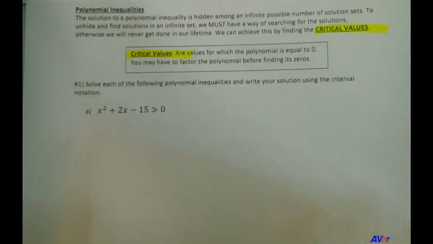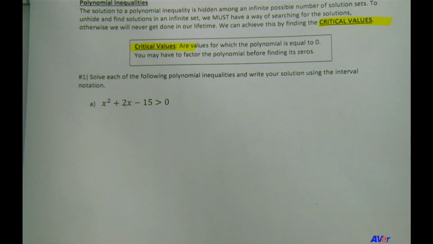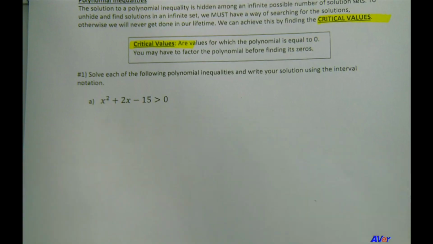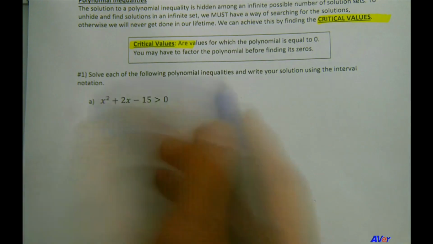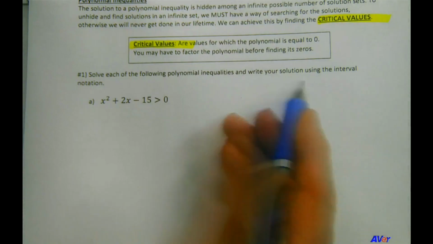Okay, so this one is a polynomial. This is not a rational inequality. We'll get to those later. With respect to polynomials, we've learned that we need to factor them. This is an easy polynomial to factor. We can quickly factor this in our head, because these numbers are pretty easy to deal with.